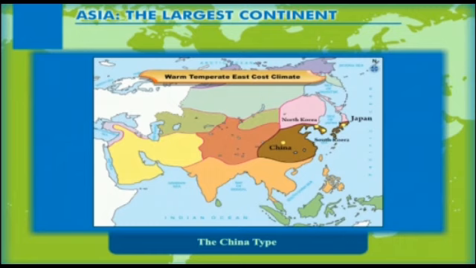The features of this China type of climate: number one, they experience warm and wet summers. Number two, cool and relatively drier winters. That means the winters are dry and cool. They receive rainfall mostly in summer, and this rainfall is caused by the southeast monsoon, and they receive snowfall in winters.